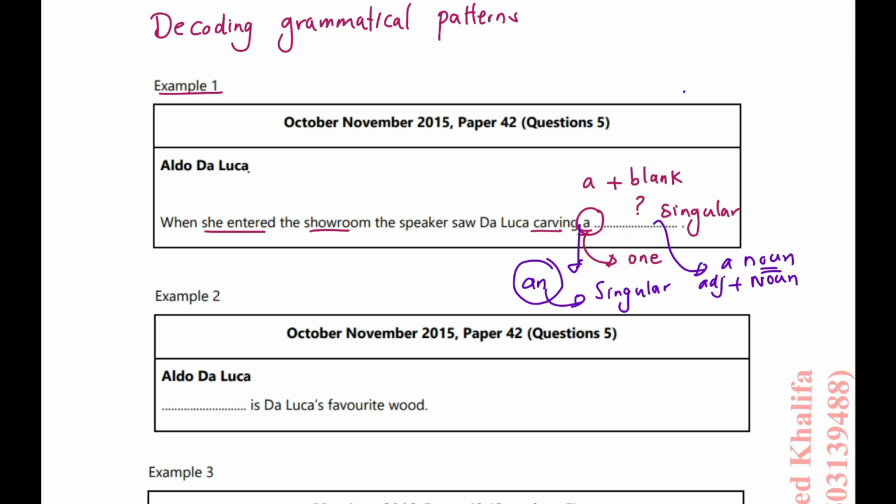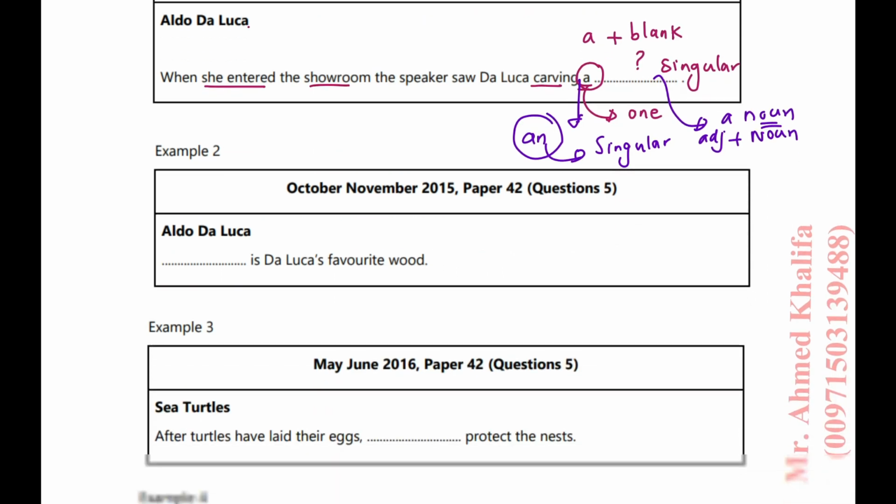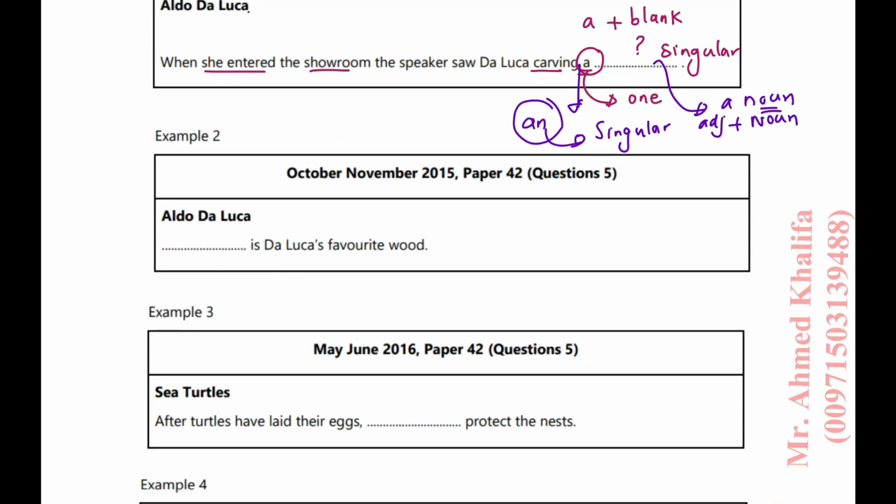Let us see example number 2. Example number 2 here, Aldo De Luca, same exam: De Luca's favorite wood is blank. In this example, the answer is definitely a noun. But what else?